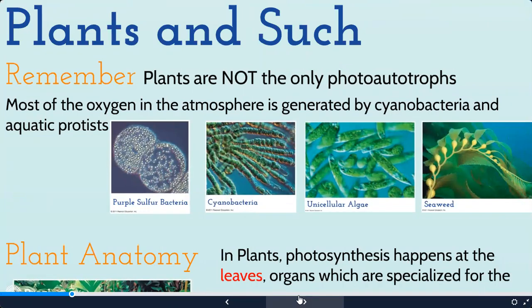Remember, plants are not the only photoautotrophs, so other organisms do photosynthesize, and a lot of them are protists or bacteria, and it's the cyanobacteria that are the ones that do the photosynthesis.